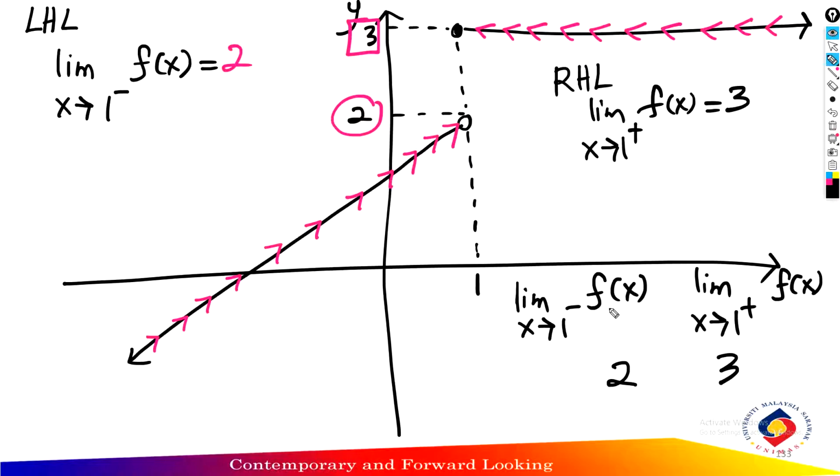If you compare them, the left-hand limit and the right-hand limit are not the same, not equal, because it is approaching different values from the two sides of the function. From the left it equals 2 and from the right it equals 3. Okay, and the conclusion: the limit of f(x) does not exist.